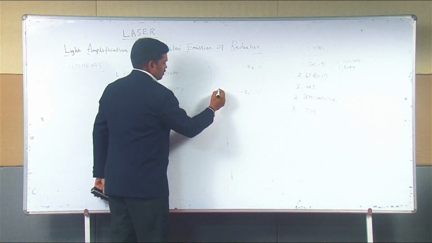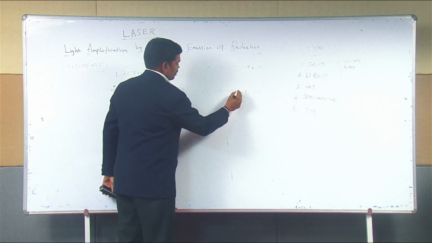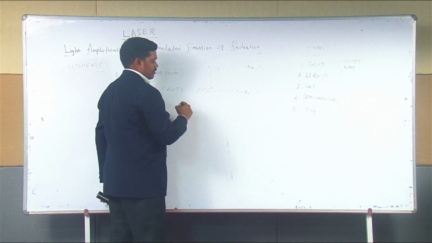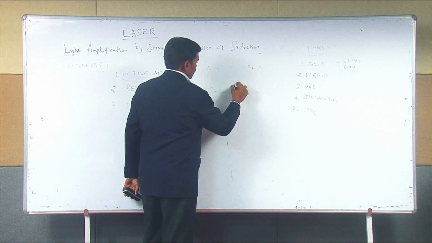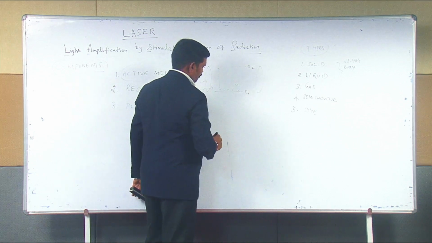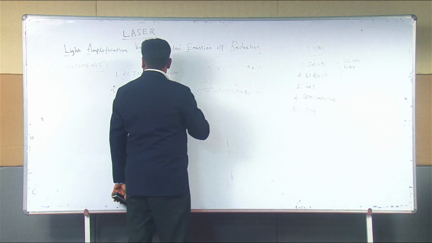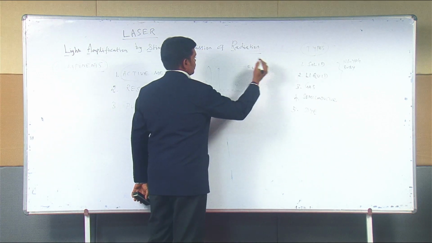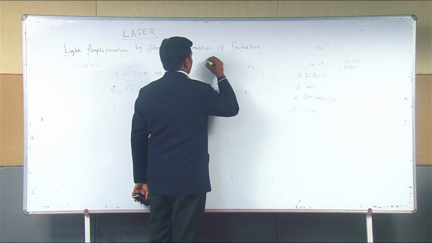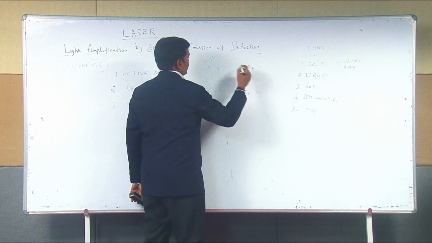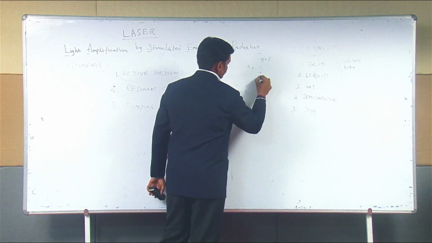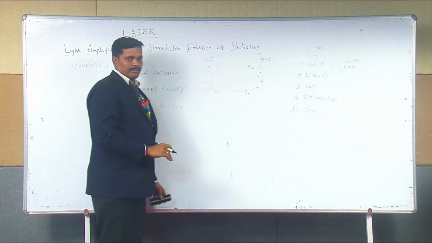You can imagine the atoms or molecules in the ground state going to the excited state by means of some external photon, as we have already explained, and during downward transition it can be triggered. But the resonant cavity means it has two mirrors. One is a 100% reflecting mirror, another one is a 50% reflecting mirror, like this. So this is the 100% reflecting mirror.